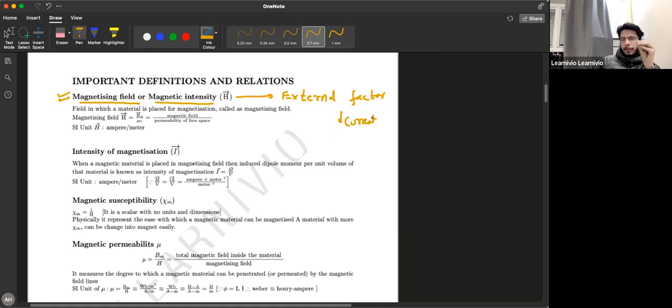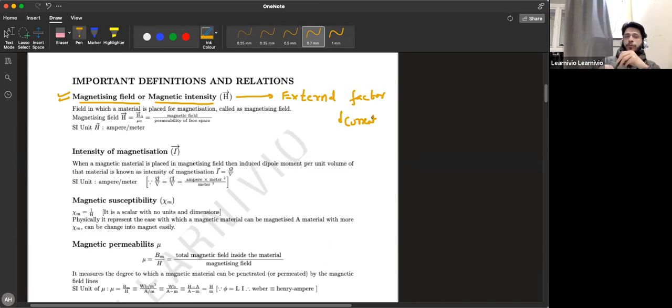The magnetic field in a material can come from two contributions. It can have a contribution from a single atom, or it can have a contribution from an external factor. If you have a wire and you pass current through the wire, that current can generate a magnetic field. That current is an external factor.